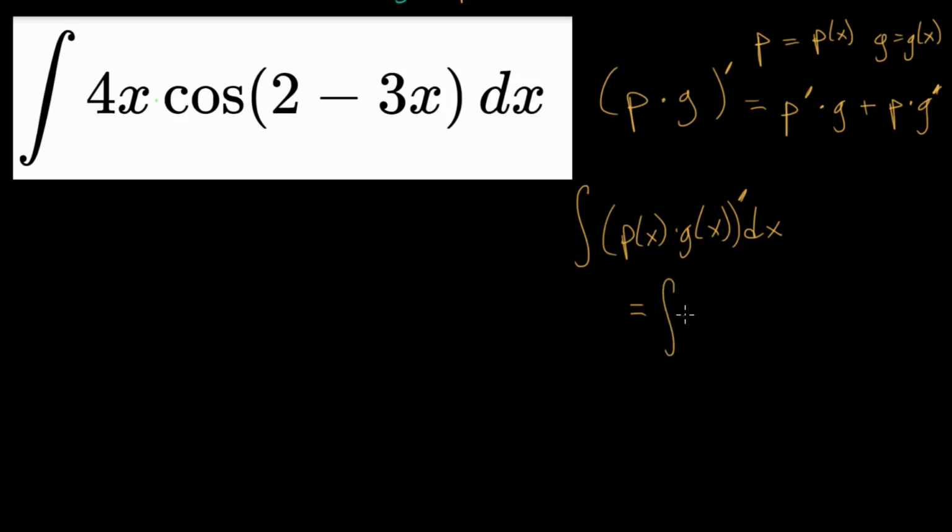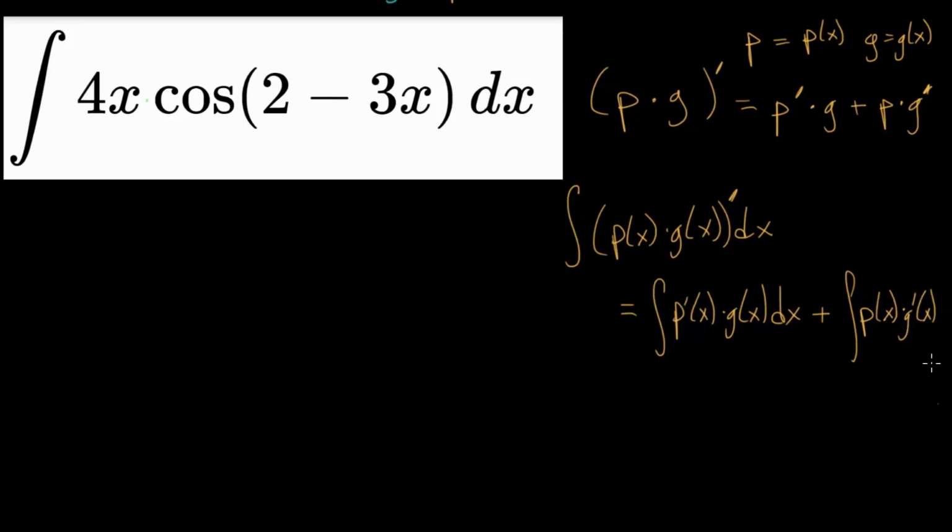We're taking the integral of the derivative of p of x multiplied by g of x, and that integral is with respect to x. And then we're adding the integral of the function p of x multiplied by the derivative of the function g of x, and this integral is with respect to x.